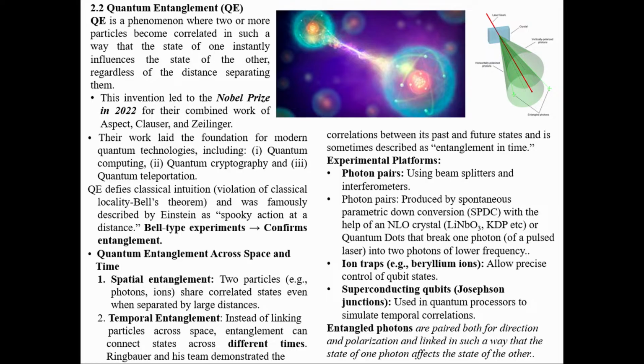Now this is called spatial entanglement, and temporal entanglement is another one. In that also, there is an entanglement between the past time and the future time in these quantum bits.